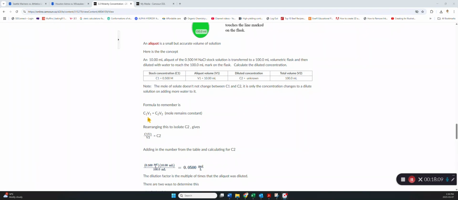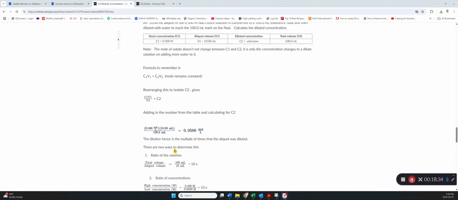Basically, C1 times V1 is equal to the moles. The moles transferred from the stock solution to the volumetric flask remain constant. The only thing that's different is the volume. So rearrange this to isolate C2 by dividing both sides by V2, and we get C1 V1 over V2 is equal to C2. Putting the numbers in, making sure the units cancel.